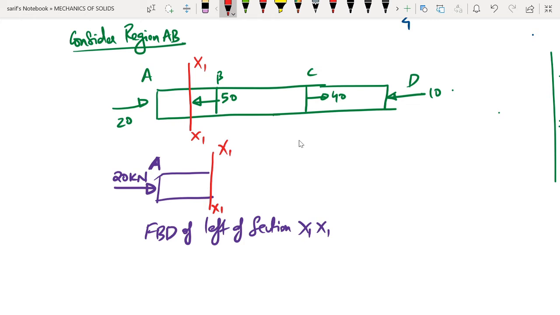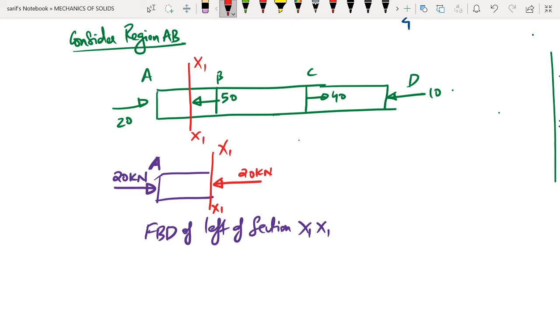Now, for this portion to be in equilibrium, there should be an equilibrating force of 20 kilonewton that should act like this. So, for this portion of the bar to be in equilibrium, we should have an equilibrating force of 20 kilonewton acting in this direction, which means this entire region of the bar is under compression by a force of magnitude 20 kilonewton. That means this entire region AB of this bar is having a state of compressive stress produced by this 20 kilonewton force.